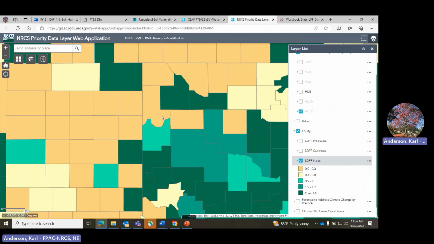And that could be for a whole host of reasons, but it may identify some real opportunities to reach out to some different folks. So we could say, okay, maybe this is the highest county, but maybe we'll include that, and also look at these counties as part of this area that we want to prioritize.